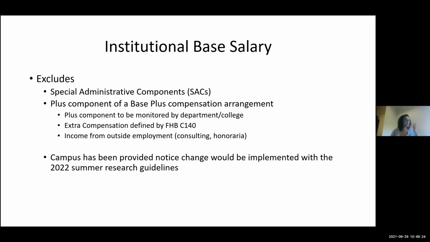While we did start these conversations and informing the campus community last March-ish, I believe, we're also going to be continuing to do that. And one of the ways we're going to do that, in addition to things like this, is by issuing those summer research guidelines early.